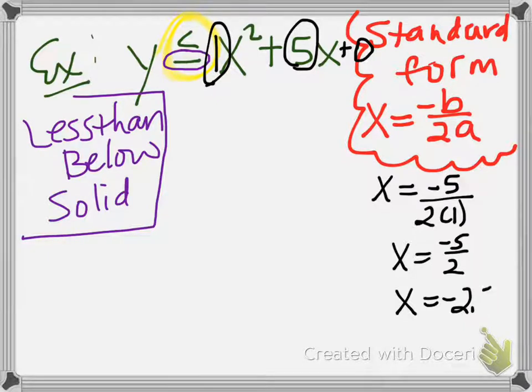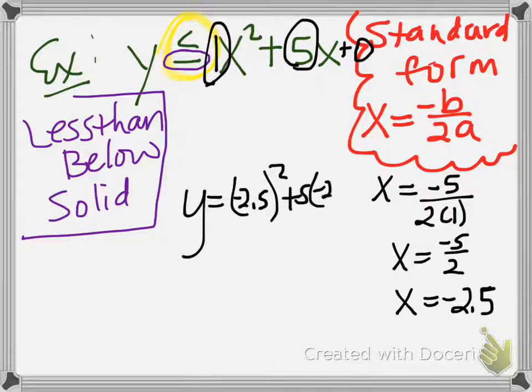Negative 2.5. Okay? Now to find the y value that goes with this x, I'm going to plug into my original equation. So it was 1x squared, so I'm going to put negative 2.5 squared plus 5 times negative 2.5.